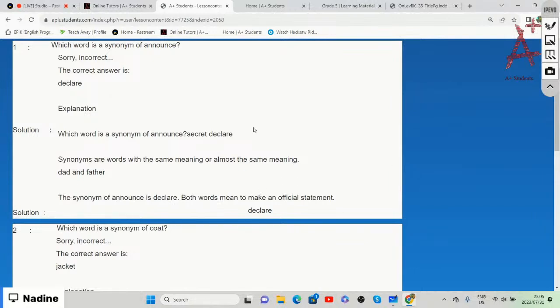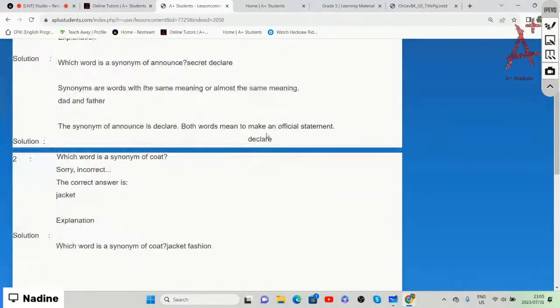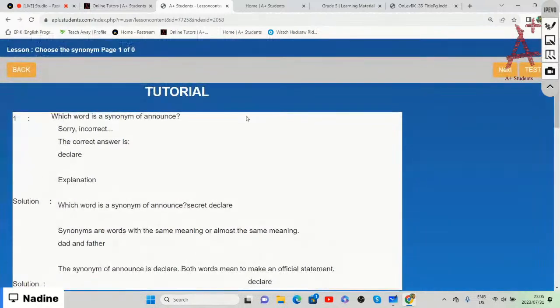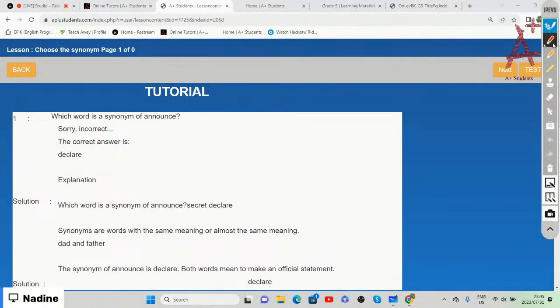All right, so now we're going to look at a few sentences with different words, where we can change a word or get another word that means the same as the previous one. The first one says, which word is a synonym of announce?